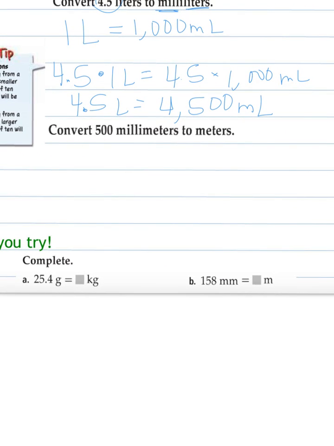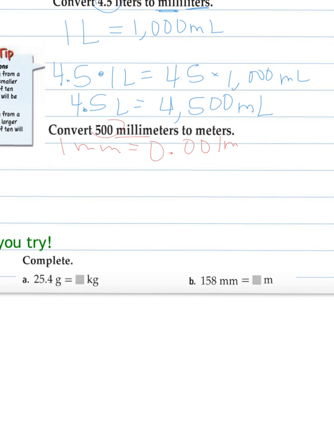Another one, 500 millimeters to meters. Well, since we're in millimeters, that's thousandths. So 1 millimeter equals 1,000th of a meter, so 0.001 m.